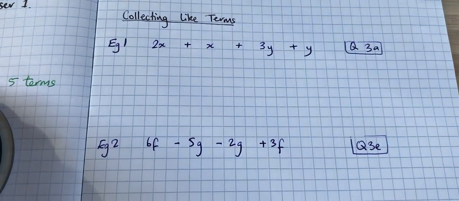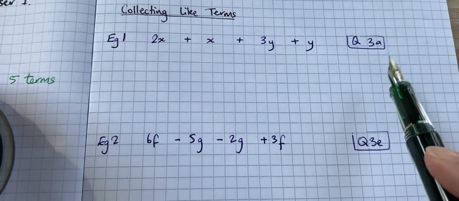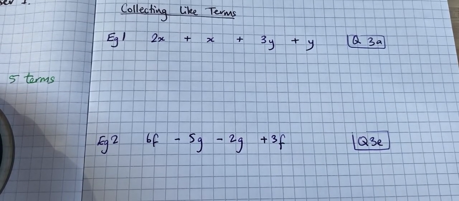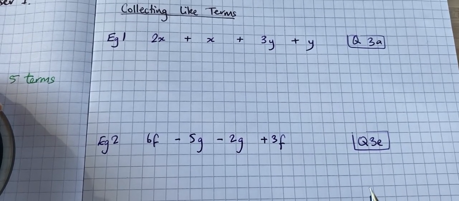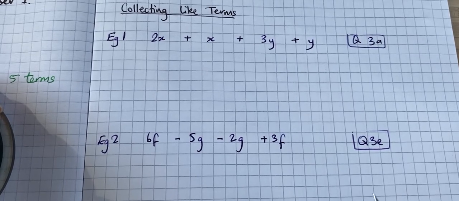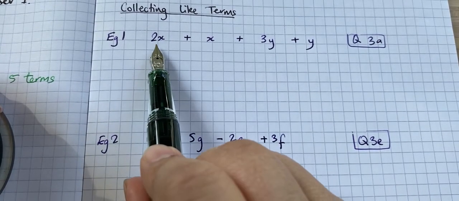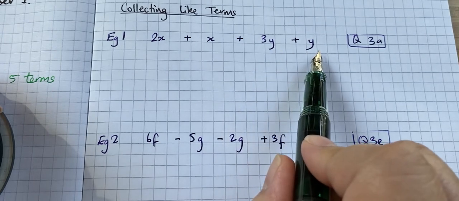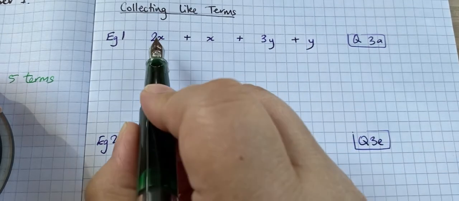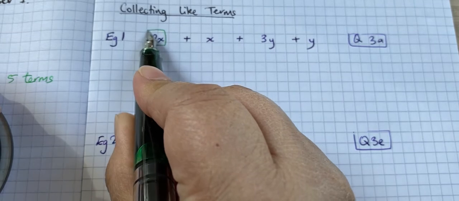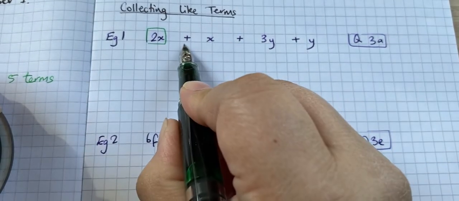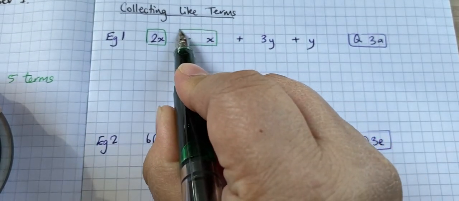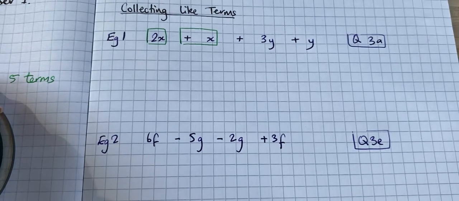You can see here, the first example is question 3a on the knowledge organizer, and I'm going to collect these terms together. So 2x plus x plus 3x plus y. I'm going to start with the x's, and I'm going to put a box around everything that is an x term.